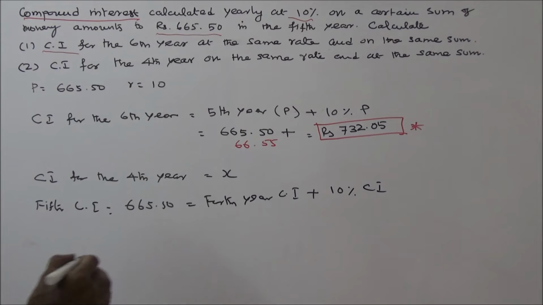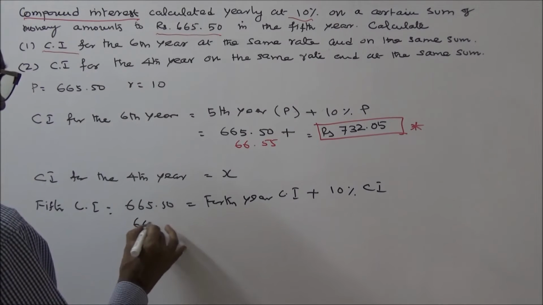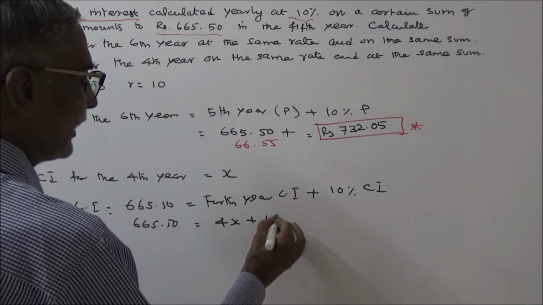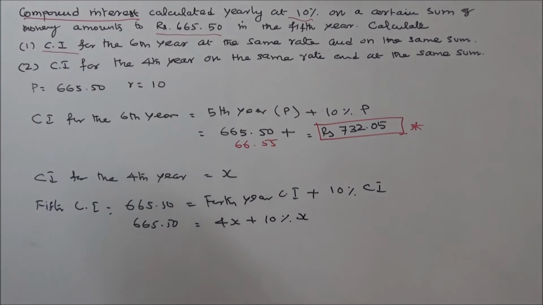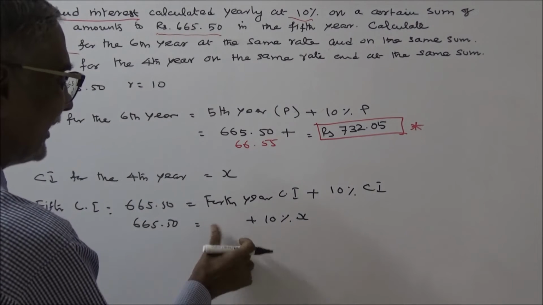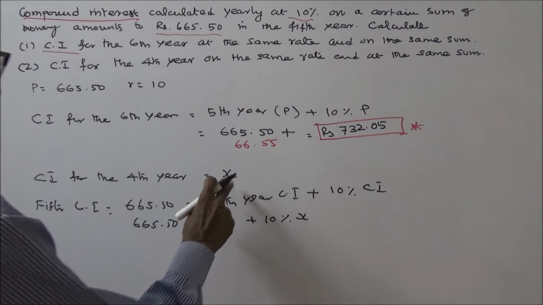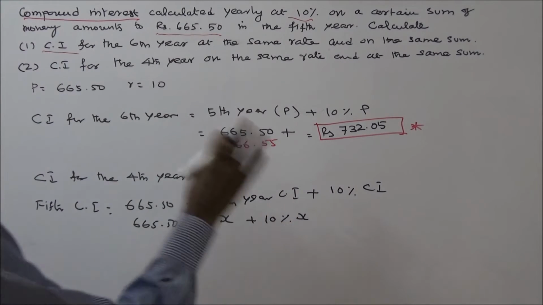So 665.50 is equal to x plus 10% of x. Sorry, this is not 4x; for the 4th year, we don't know, that is x.